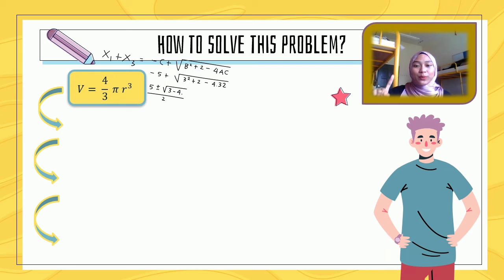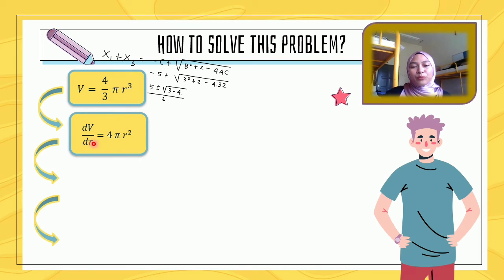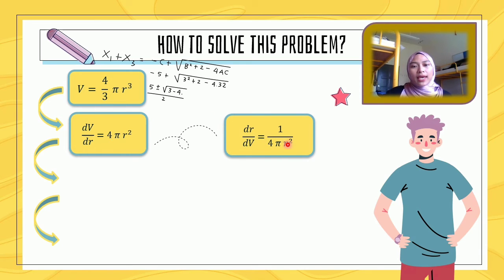Firstly, we know the formula of the volume is 4/3 times pi times r cubed. So we differentiate the formula of the volume to 4 pi r squared. And when we turn it upside down, it becomes 1 over 4 pi r squared.